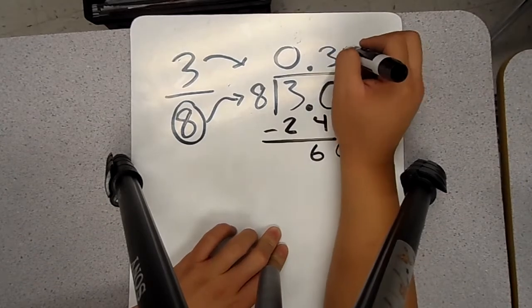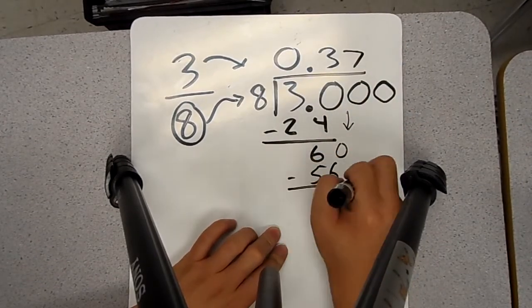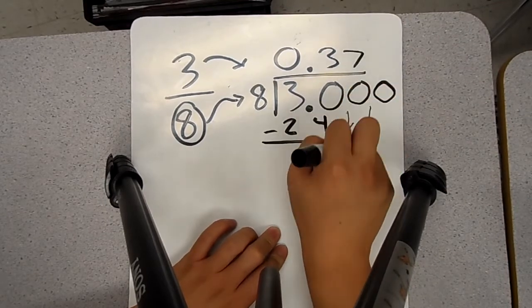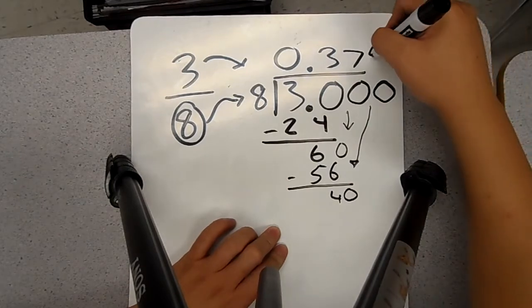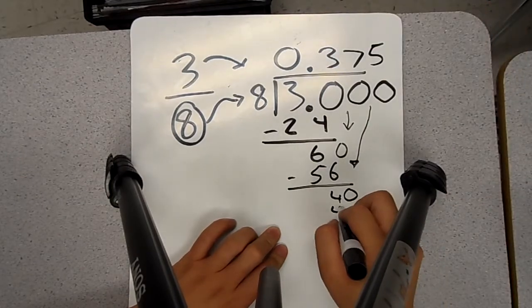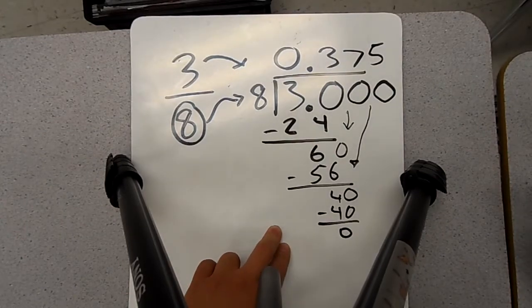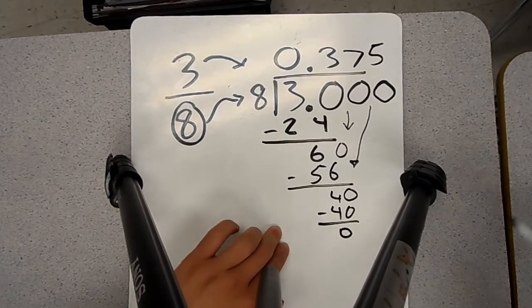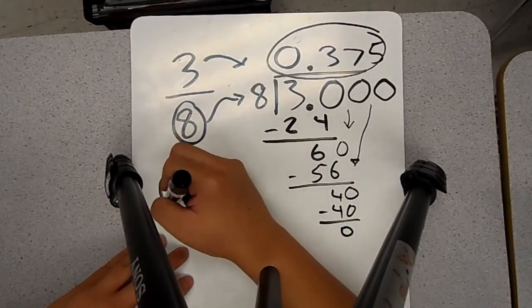So that is 7. 7 times 8 is 56. Subtract that, we have a 4. Bring down the 0. 8 goes into 40 5 times. 5 times 8 is 40. And we're done. Right? So, this is your decimal.